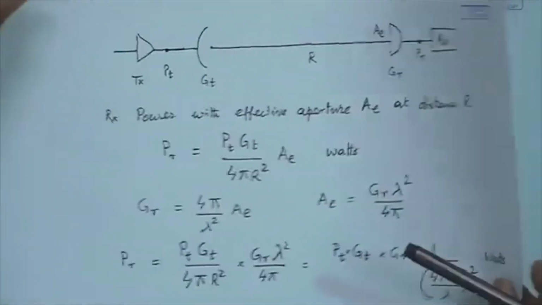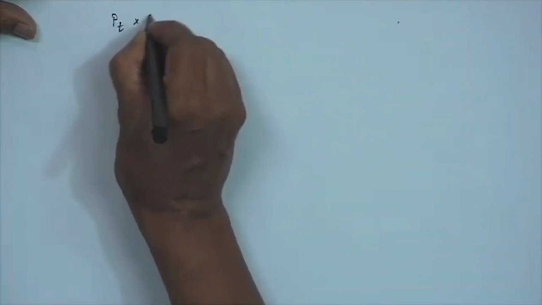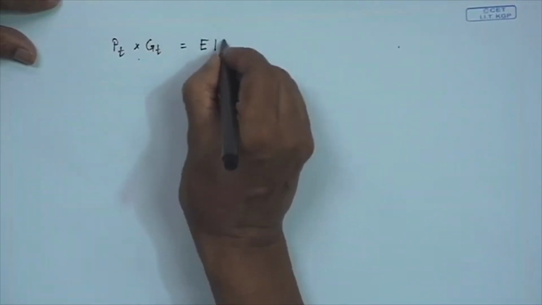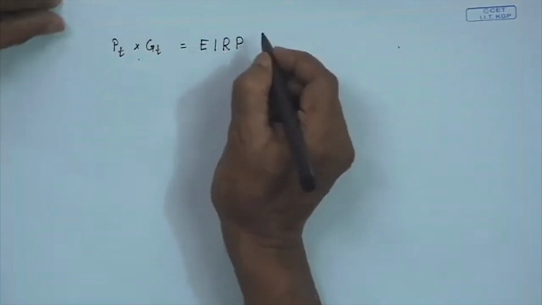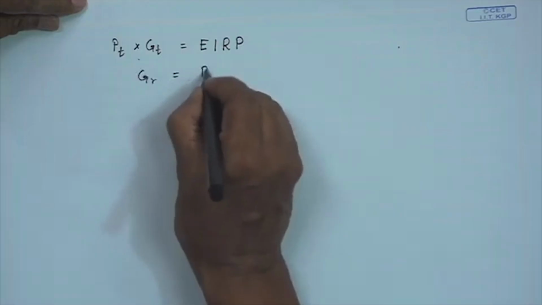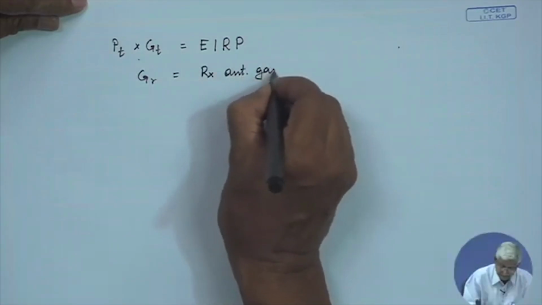Let us rewrite it again. PT into GT, we have defined by a term called effective isotropic radiated power, and GR is the receive antenna gain.